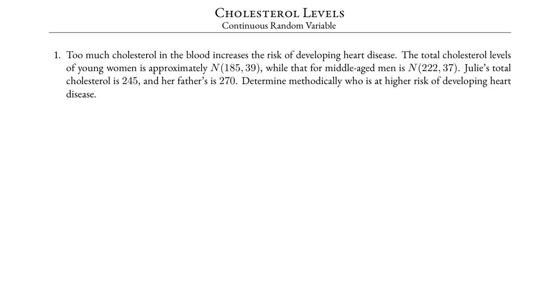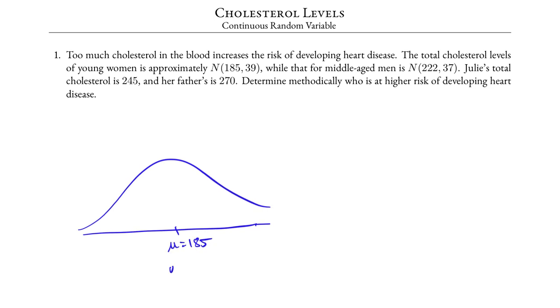With any continuous probability distribution, we first need to draw a graph. In this case, we need to draw two bell-shaped curves for two normal distributions. For Julie, a young woman, the cholesterol level is normally distributed with a mean of 185 and a standard deviation of 39.